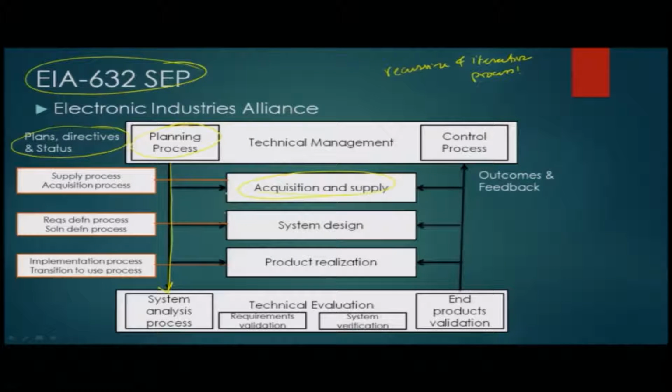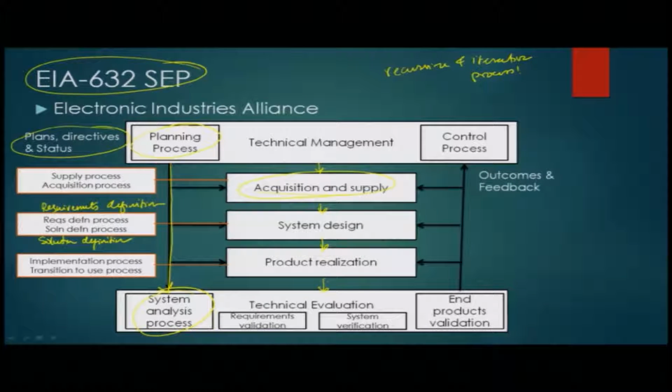From there you follow down to what we call systems design. So technical management goes like this through each level, but the first time you actually go from the planning to the system analysis process, where the technical evaluation happens. The system design is the requirements definition as well as the solution definition.